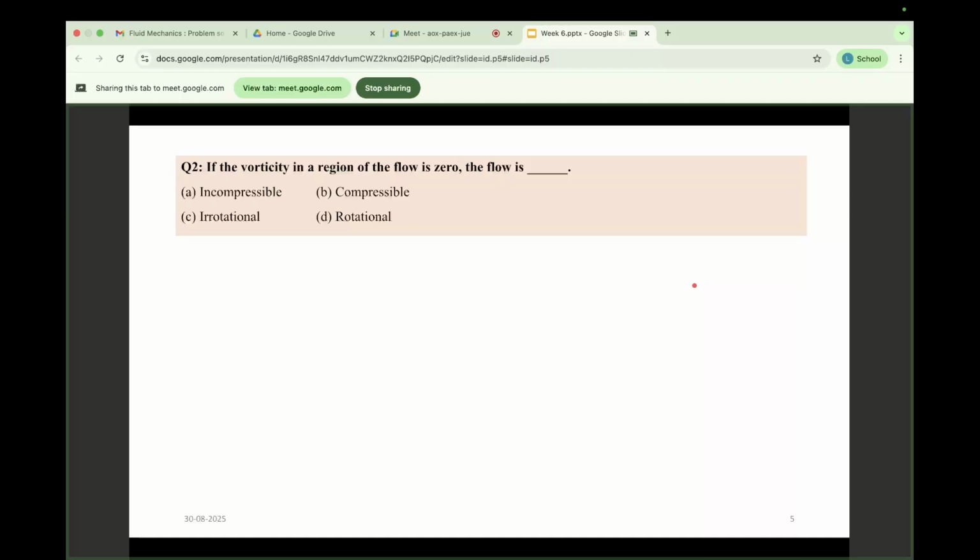So what basically this vorticity is, right? Say I represent it as omega. Omega is equal to curl of the velocity field.